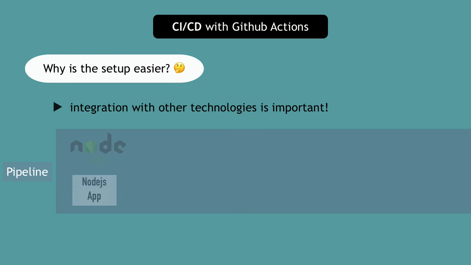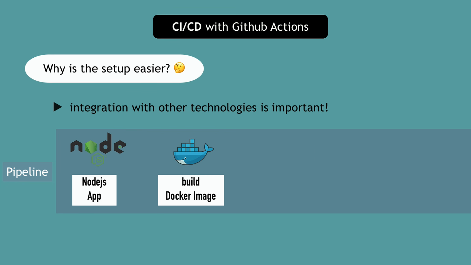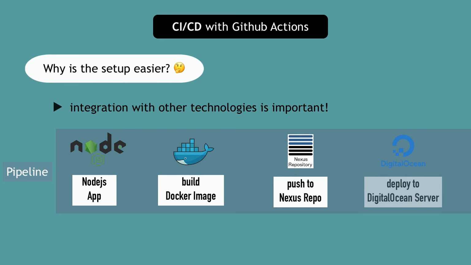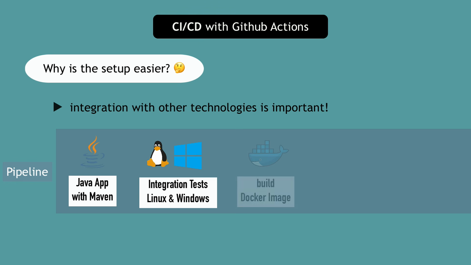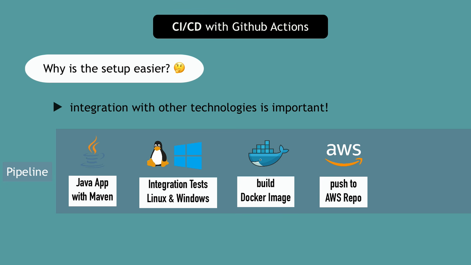Whether you are developing a Node.js application, which will be built into a Docker image and then pushed into a Nexus repository and deployed on a DigitalOcean server, or you're developing a Java application with Maven, you have integration tests to test your application on Linux and Windows servers, then build it into a Docker image and push it to AWS container registry and deploy it on AWS EKS. So basically you can have many different combinations of tools that you're using in your development process.